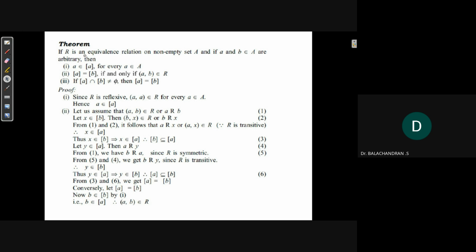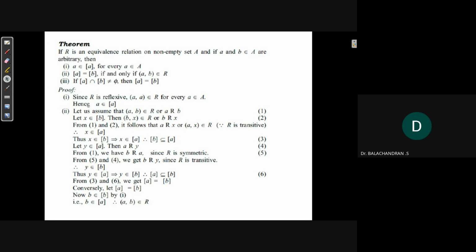If R is an equivalence relation on a non-empty set X, and if A and B are arbitrary elements of X, then A belongs to the equivalence class of A. I already proved R of A is non-empty, because A belongs to R of A. Since R is reflexive, (A, A) belongs to R for every A. Then the second element belongs to R of the first element, or you can write the equivalence class of the first element. So that is the proof for the first one.